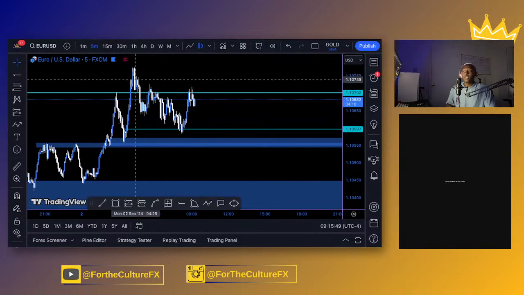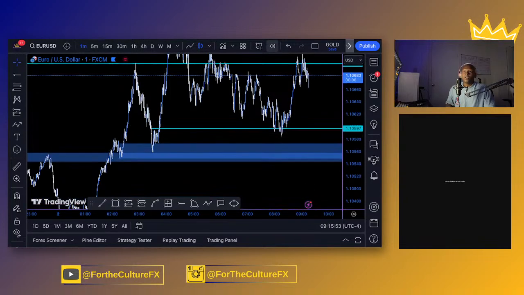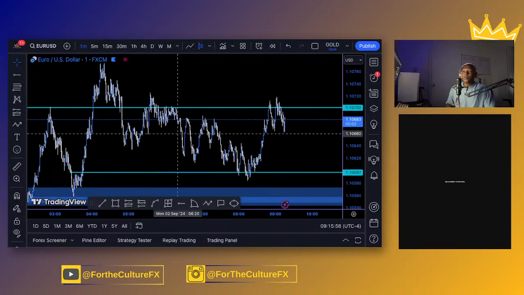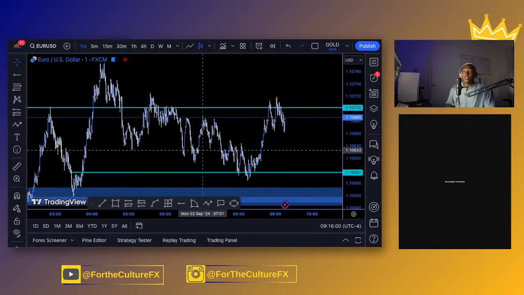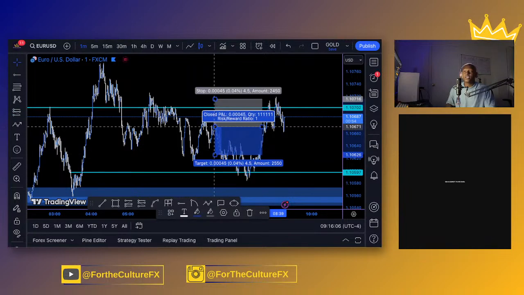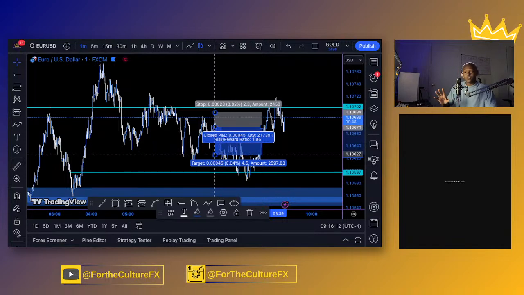Now, where he went ahead and took his entry was on the 1-minute time frame. He's seen that we had our change of character. Price came back up, retested, came back down, created this low here. When price pushed up into these levels, this is where he went ahead and took his entry, to hop in on the continuation of this corrective structure.